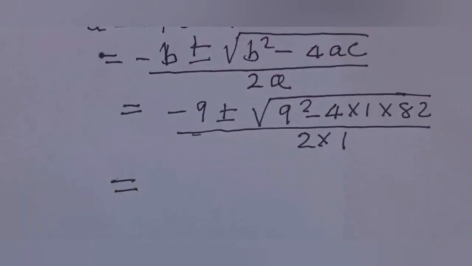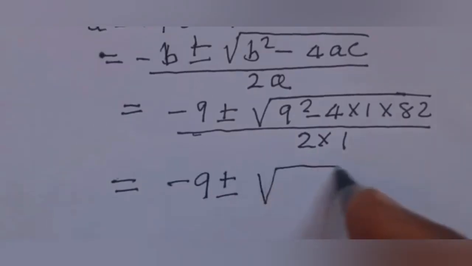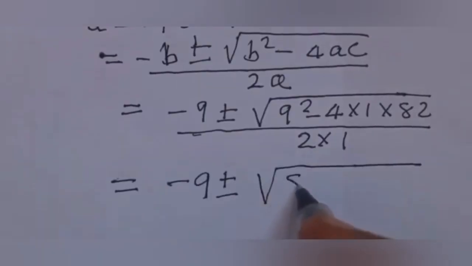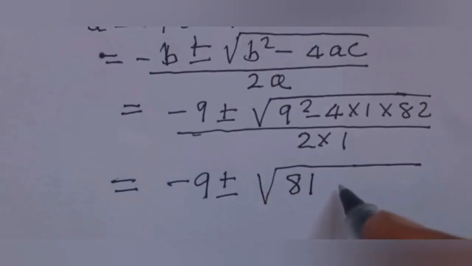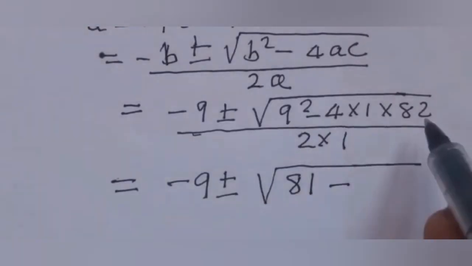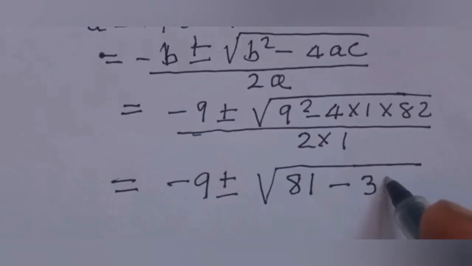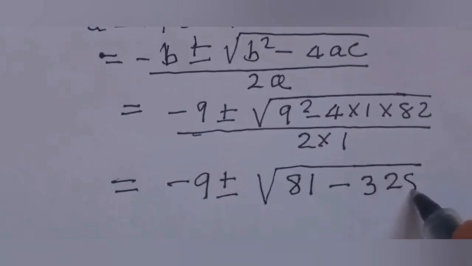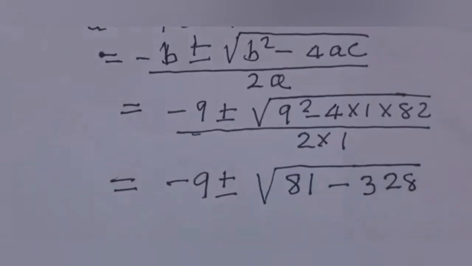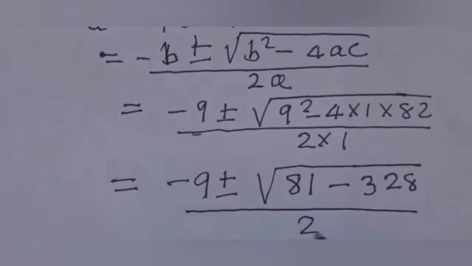Okay, here we get negative 9 plus or minus under root 81 minus 4 times 1 times 82. We get 328 over 2.